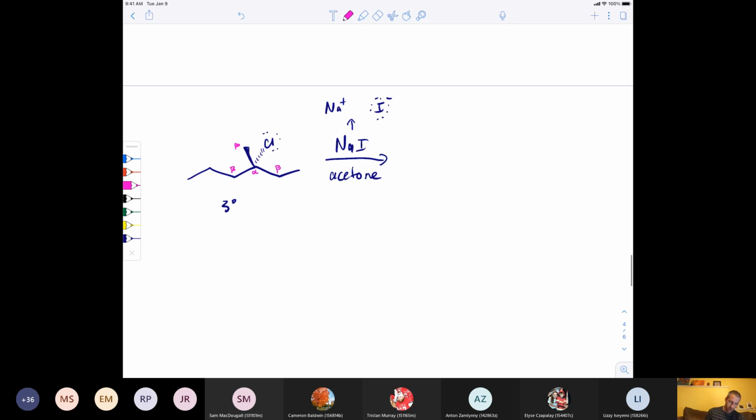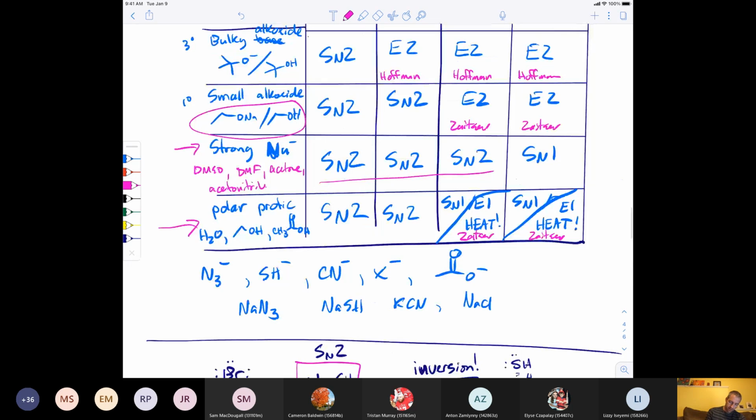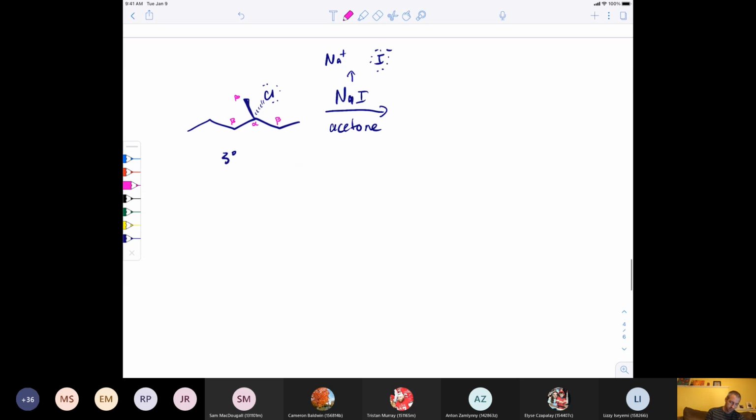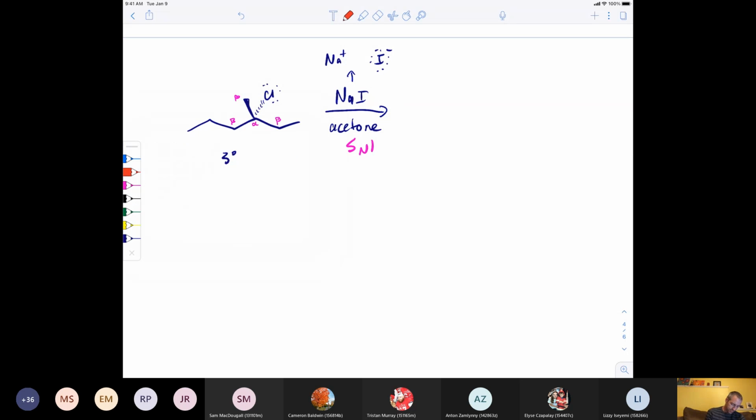And if you look at our chart, strong nucleophile and tertiary is SN1. Okay, so SN1 is what we need to draw here. And if you look at the stereochemistry of our starting molecule, this will be an R stereocenter.